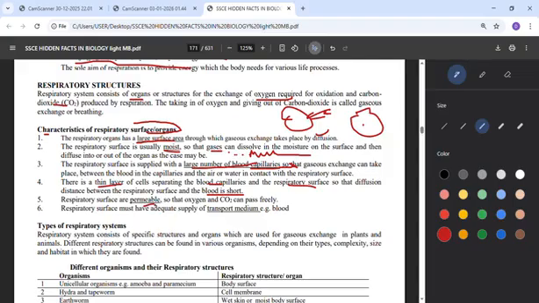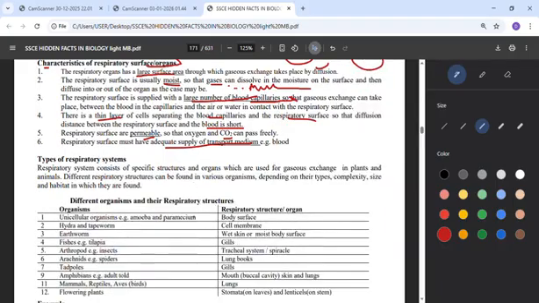Since it's oxygen and carbon dioxide that are passing, it must permit them so that they will not just be there. Number 6, the respiratory organ must have an adequate supply of transport medium. Enough blood must come there because they are the ones that will package the oxygen from that place.